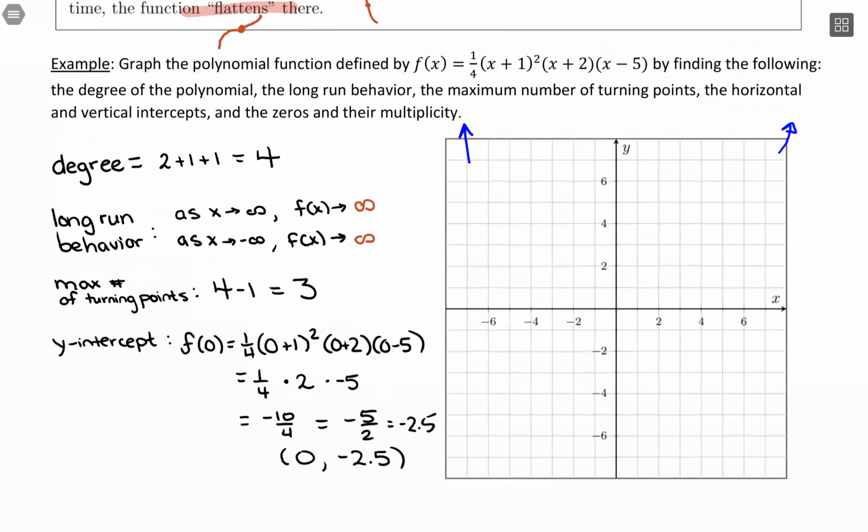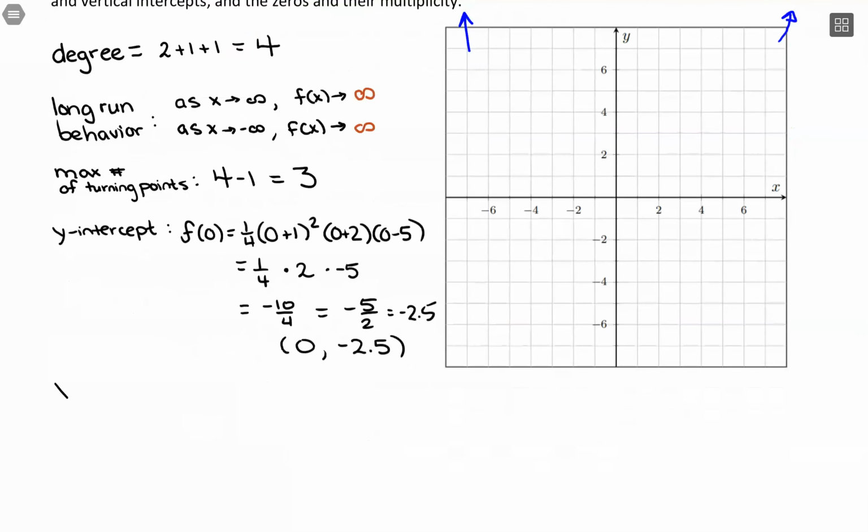Okay. So now I can focus on horizontal intercepts, which is the same thing as zeros, and then we could talk about their multiplicity as well. So x-intercepts, or we could call these the zeros of the function.